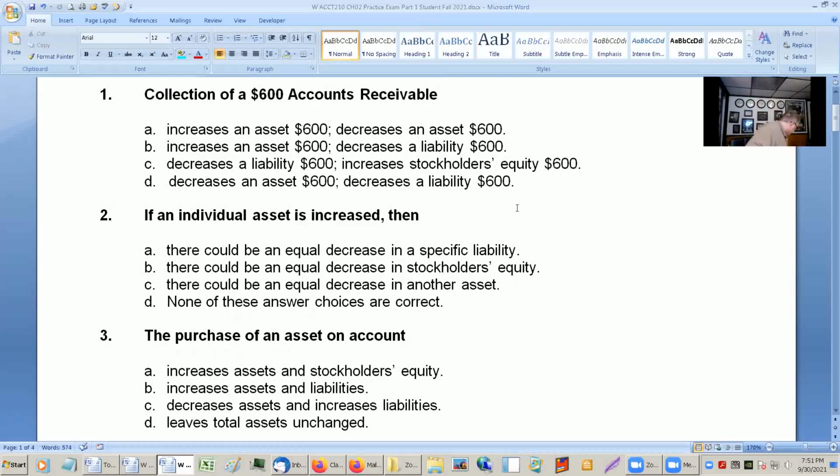Payment of a liability. Liability is paid.